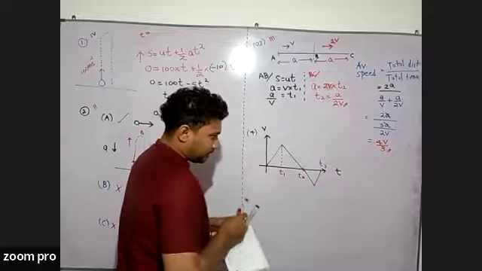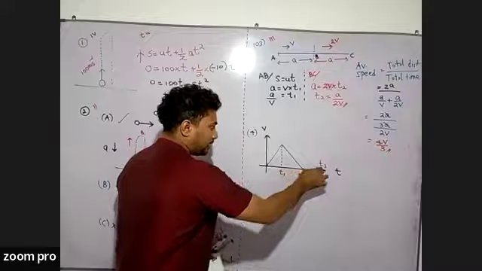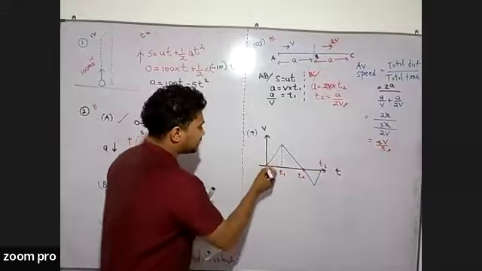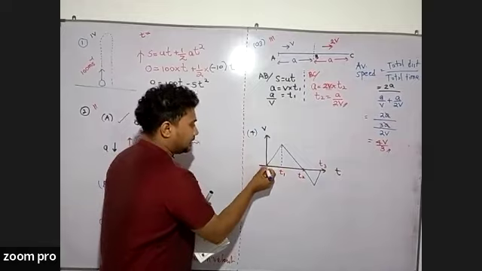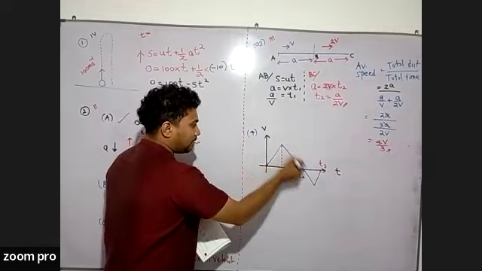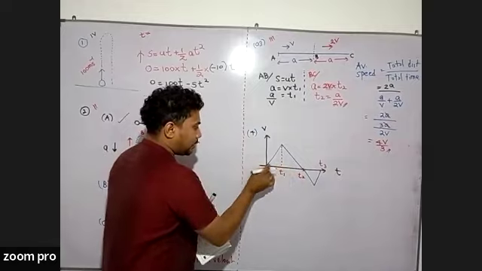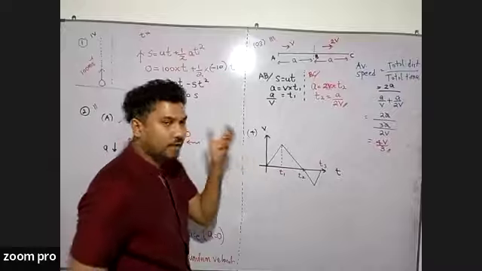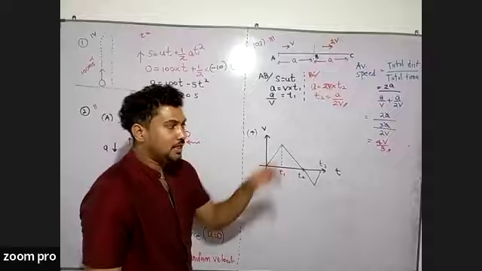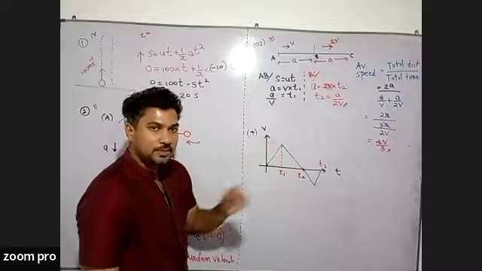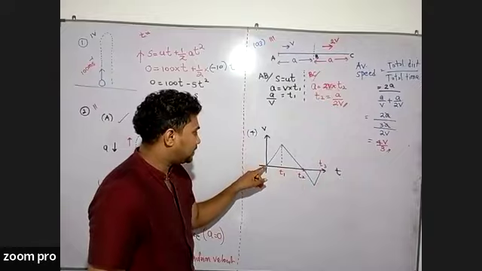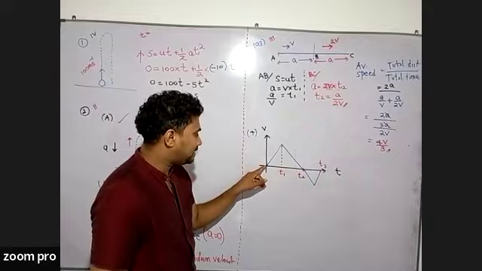You can figure out that at t2 and t3, the object comes to rest. Just concern the y-axis. When the y-coordinate becomes 0, that means velocity becomes 0, right? So the velocity is equal to 0 at this line.